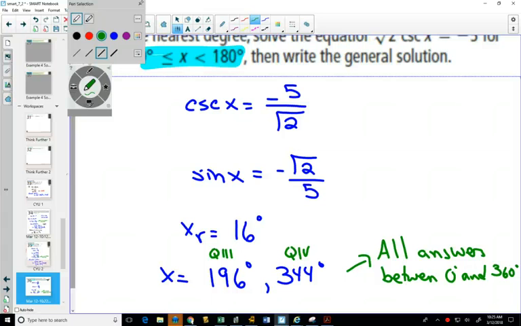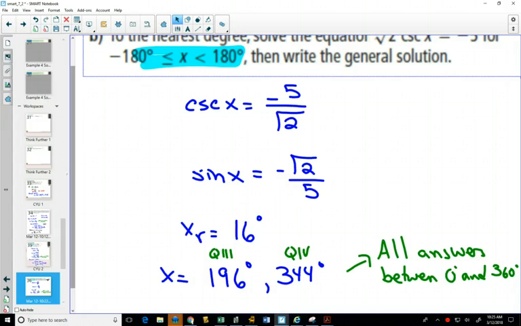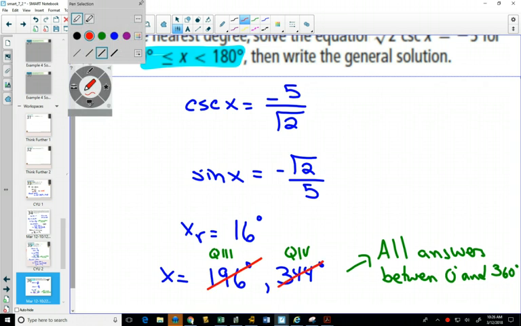And our question was looking for something between negative 180 and 180. So if we look at our positive answers first, we're looking between 0 and 180, which is quadrant 1 and quadrant 2. Our answers are in quadrant 3 and quadrant 4 that are past 180. So I'm just going to put a line through those because those are not part of our solution.